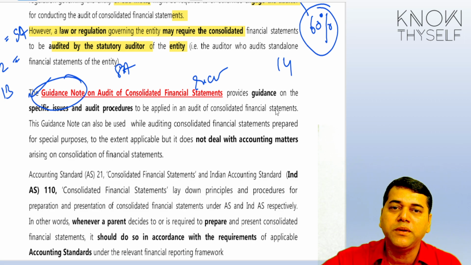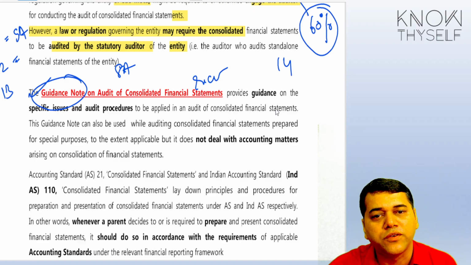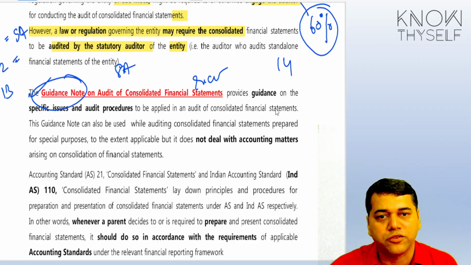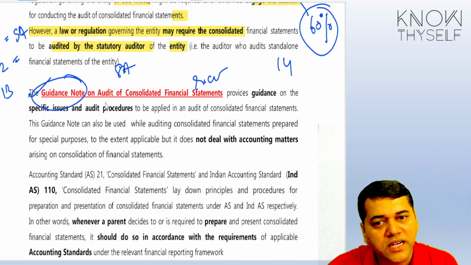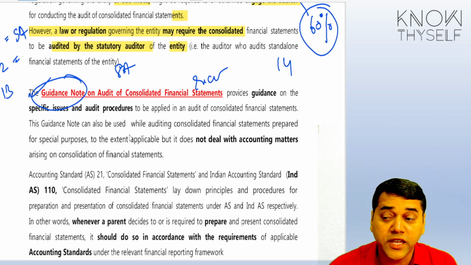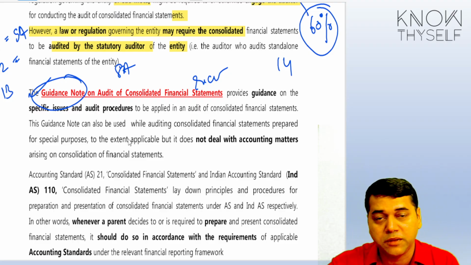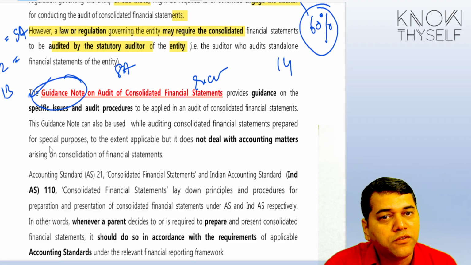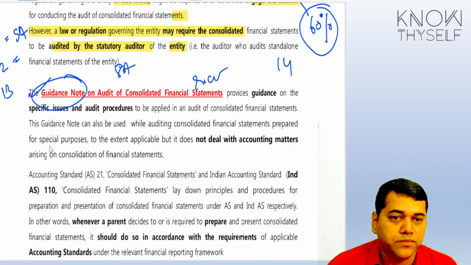Tomorrow you may join some audit firm, and the firm may assign you the responsibility to do this CFS audit. Now tell me, should you not understand the guidance? As a CA, it becomes your responsibility and they expect you to understand the terms and terminologies, because you have to interpret. That's why let's go through this and get the flavor of what that guidance note talks about.